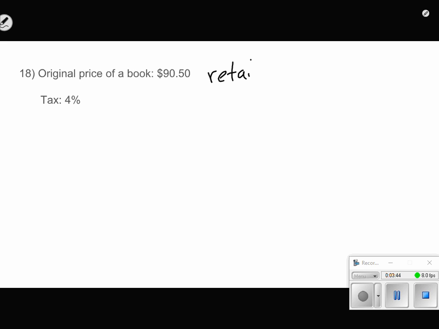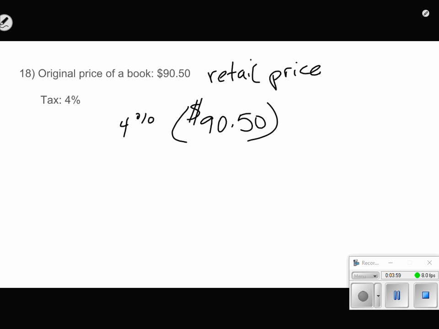Before we do that, I'm going to write down that this is a retail price. And the 4%, we ask ourselves, 4% of what? It's going to be 4% of the retail price, so 4% of the original price. I changed the 4% to a decimal by dropping the percentage sign, moving the decimal twice to the left, which is the same as dividing by 100, and I'm going to place a 0 in that open spot that was created.